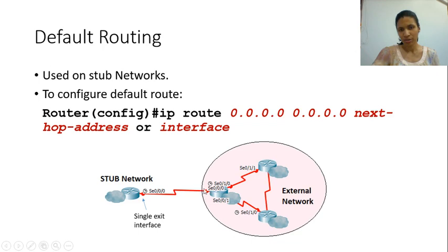So this is the next hop interface address. Or if you do not want to provide the next hop address, then you can provide the exit interface as serial 0/0/0. That is, you will give ip route with all zeros for network as well as mask, followed by serial 0/0/0. So that is how you can configure a default route.